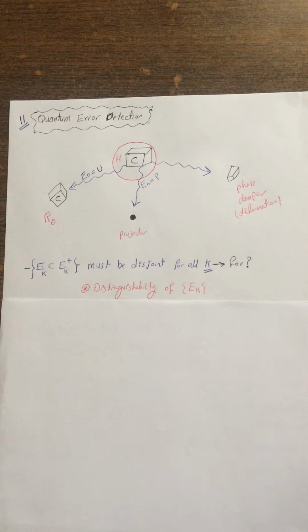If this happens, it means that the error elements are distinguishable. So distinguishability of the elements for these error operators means that I have complete separation, or disjointness, of these elements from the whole subspace. This is important in error correction, as we see, and actually in error detection, because when we detect the error, maybe we can correct it.